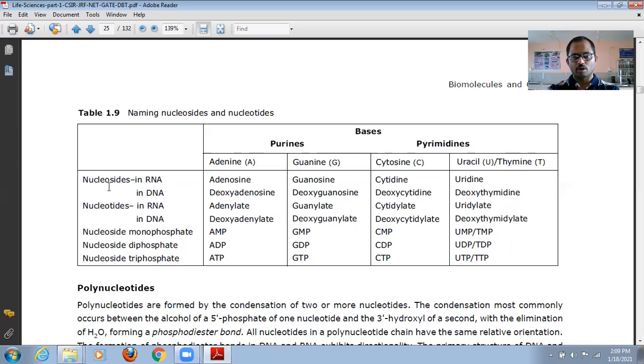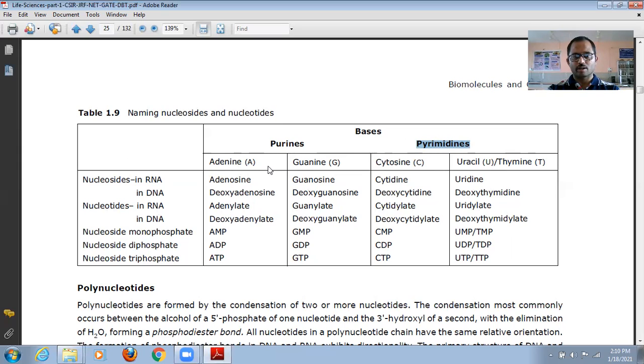In the nucleotides there are two kinds of nitrogenous bases. Number one is the purine and number two is the pyrimidine. These are the two bases which are found in the nucleic acid.